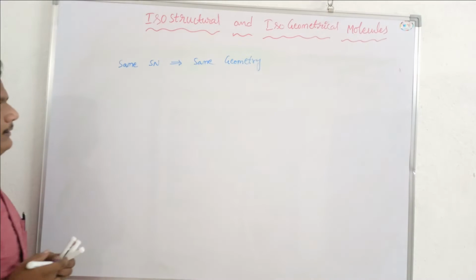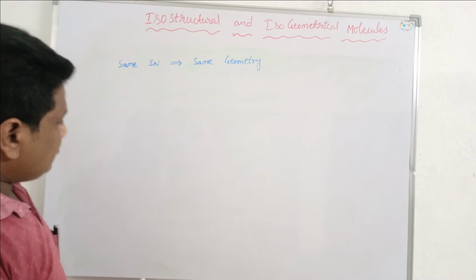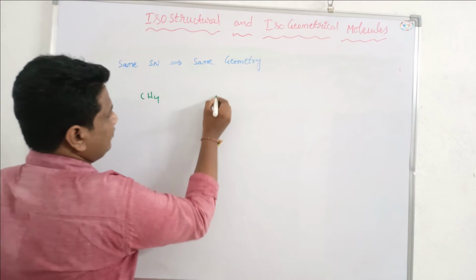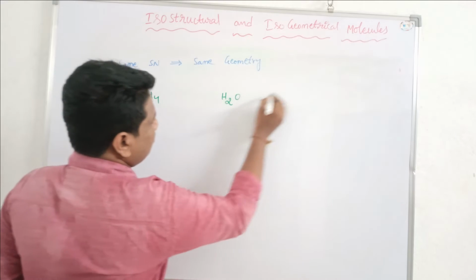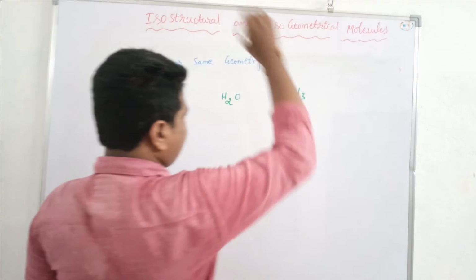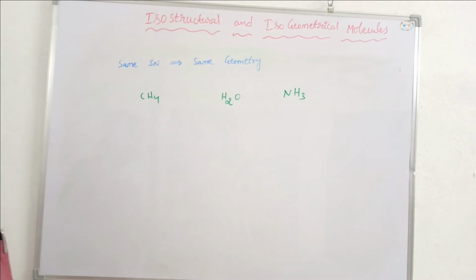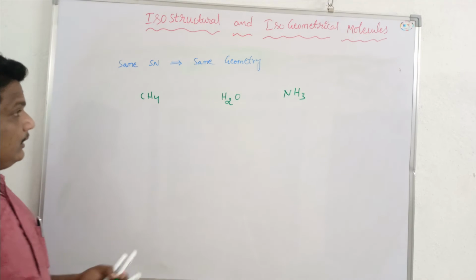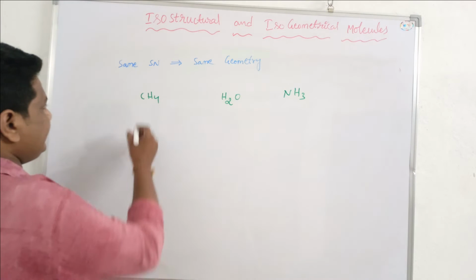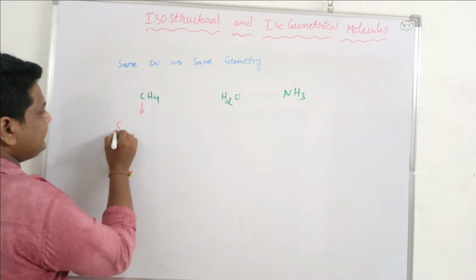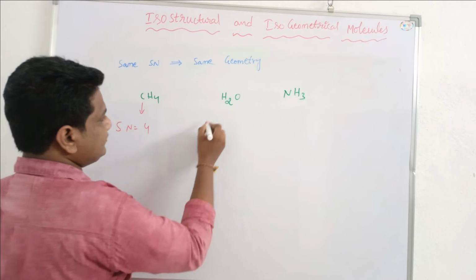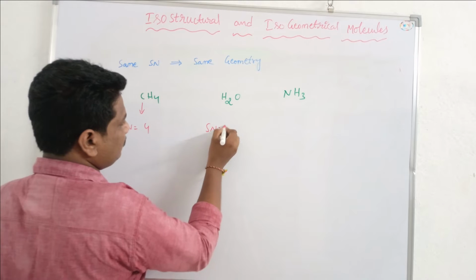So let us see some examples: methane, H2O and NH3. These are the 3 examples. In the case of methane, it has steric number 4.